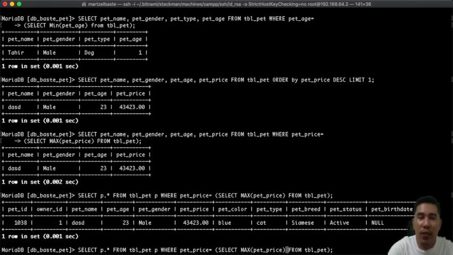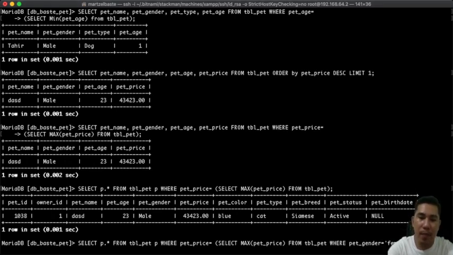Okay, and since we have another condition, aside from it being the highest, we must capture that it must be a female and it must be a cat. Cat or dog? Anyway, either one. So select max pet price from TBL pet where pet gender is equal to female and pet type must be equal to dog. Okay, so dog na lang.